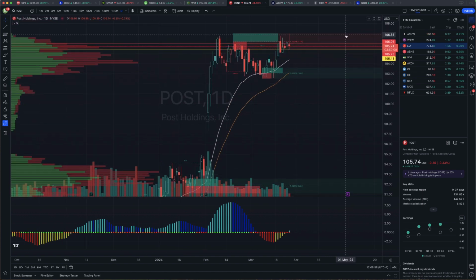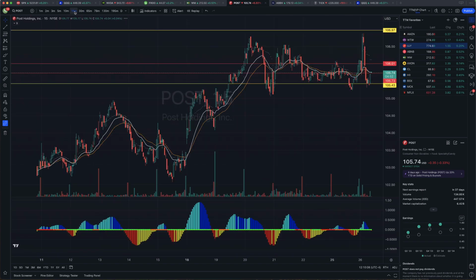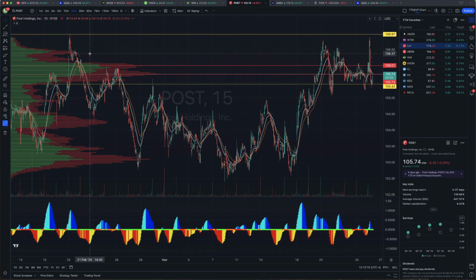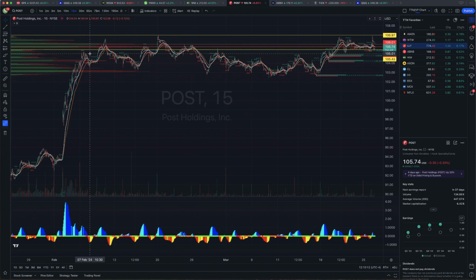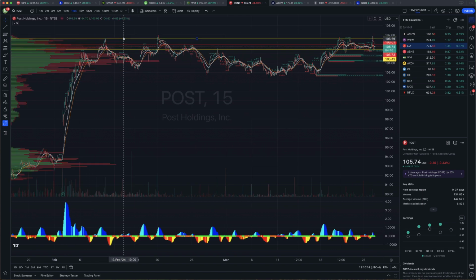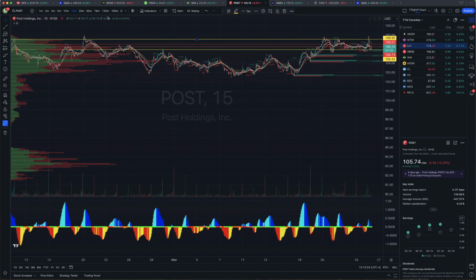You can see by these candles, it just keeps trying to get through that double top there. Man, where would I put that? Right there. Man, it keeps trying. That's interesting.